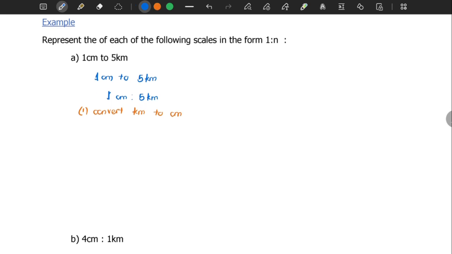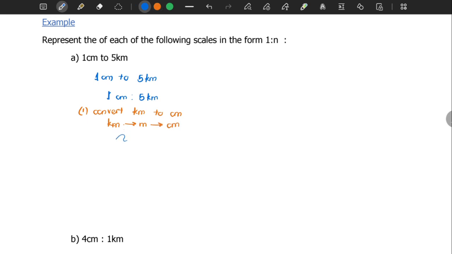For me it's easier to understand if you convert to meters first, so usually it's kilometers to meters, then from meters to centimeters.